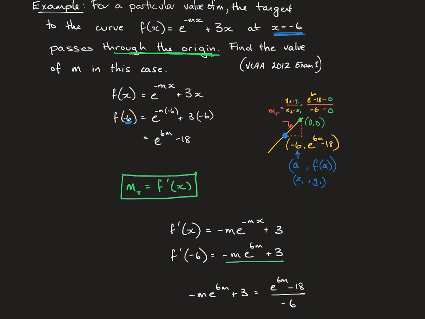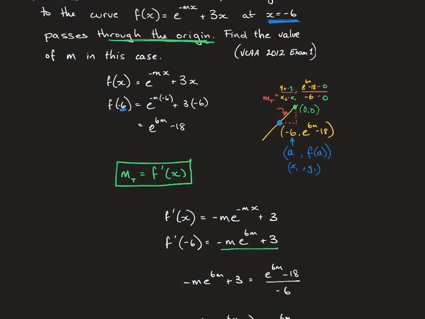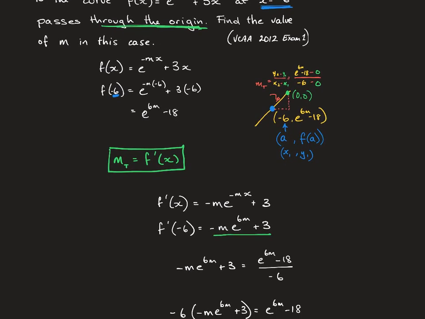I've actually done it the other way. This is our derivative at minus 6 being equal to the gradient of that particular tangent at that point. And then what I've got now is an equation that I can solve to find m.